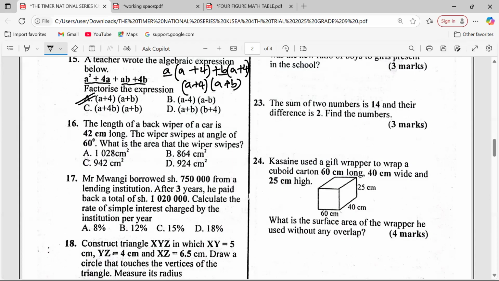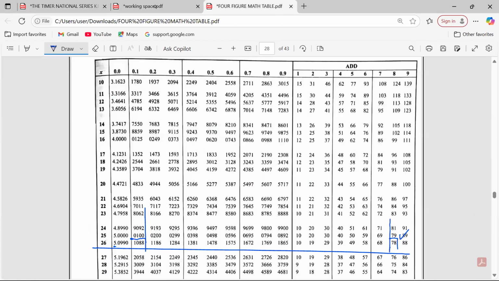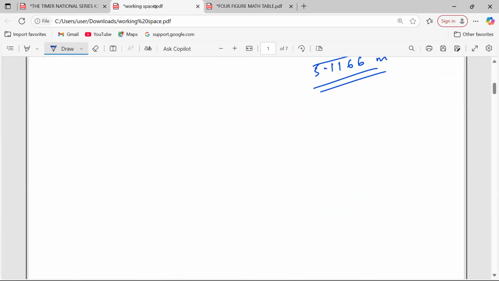The wiper is having a length of 42. Then the angle through which it sweeps is 60. So this is what we are talking about. A wiper here, it's going to sweep through an angle of 60 until it is somewhere here. So what is the area here? It has a length of 42.